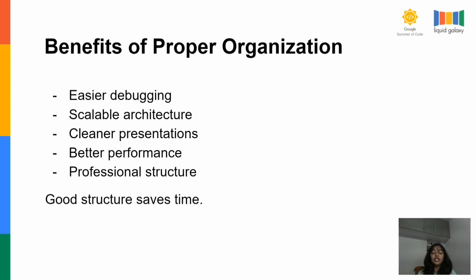But most importantly, you get a production-ready asset. In the GSoC and Liquid Galaxy community, we value code that others can build upon. A well organized KML file is a contribution to the ecosystem, not just a one-off script. It reflects a high level of engineering discipline.